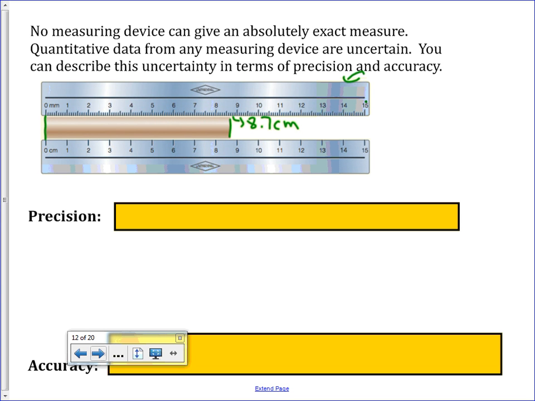Because we have these little dashes and markings on here, we can get a more accurate measurement.